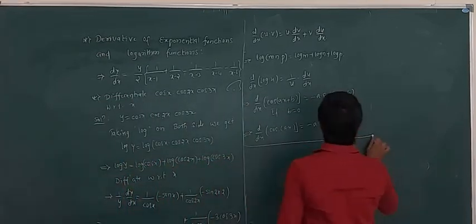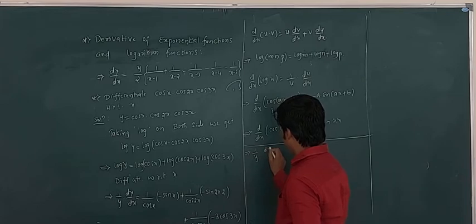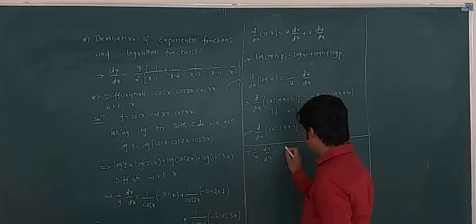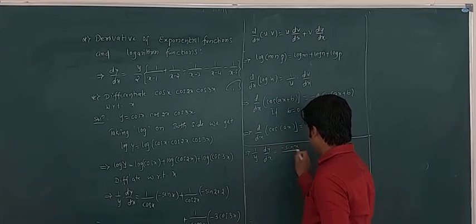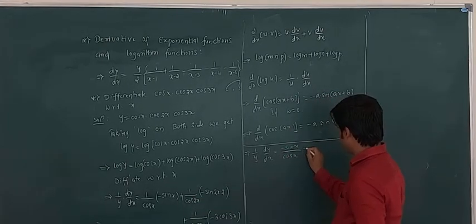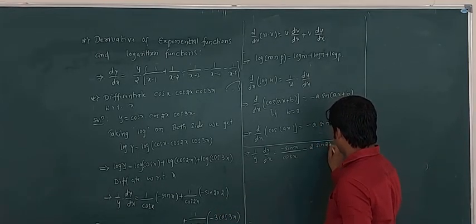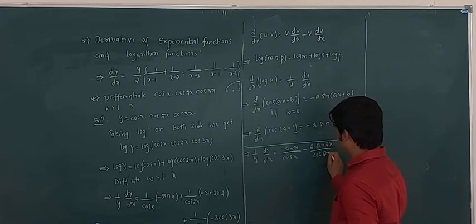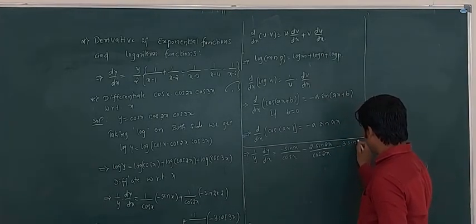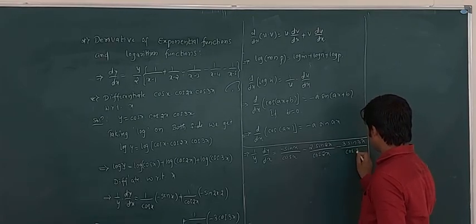Now simplify this one. We get 1 by y, LHS part as it is, 1 by y into dy by dx is equal to minus sin x divided by cos x, again plus minus 2 sin 2x divided by cos 2x, again plus minus 3 sin 3x divided by cos 3x.